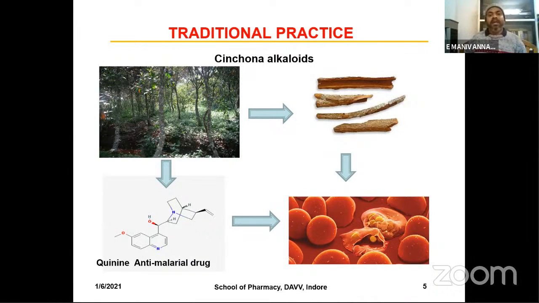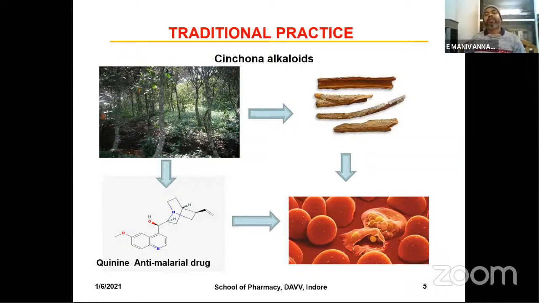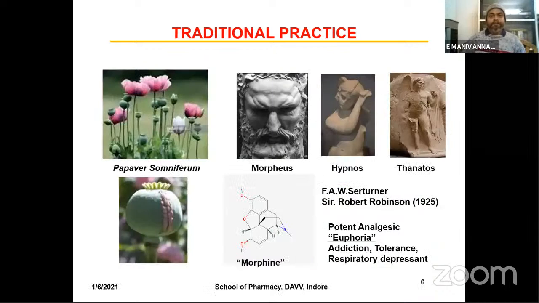This history gives information about the traditional use of cinchona bark for its anti-fever property, and this led to the discovery of quinine alkaloids from cinchona bark.